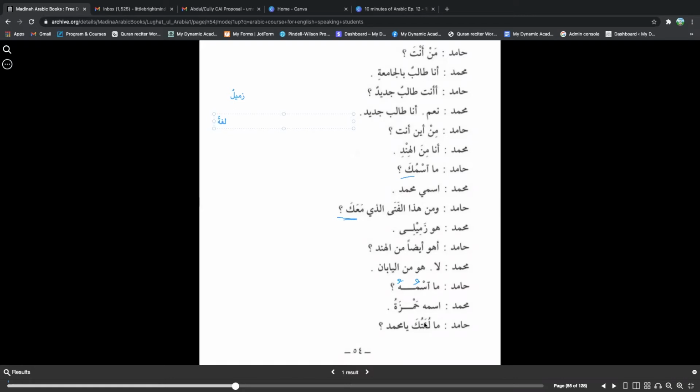So we get rid of one of the dhammas, so it becomes lughatu, and then you put the kaf. And since he's addressing a man, he's addressing someone masculine, he says lughatuka, your language. Ma lughatuka ya Muhammadan. Let me just clear this out and we'll go to the next page.